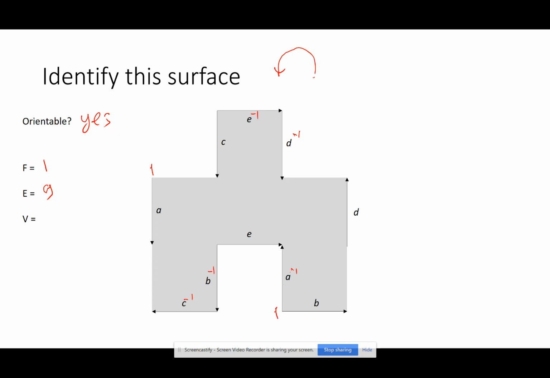But then here we see that 1 is also in the tail of B. So when we glue B to B, this is also going to be 1, because it is in the tail of B. But now it is in the tail of E. And when we copy this E to the other E, this vertex is glued here because this is the other tail of E. Now this is also in the tail of C. So where is the other tail of C? It's here.